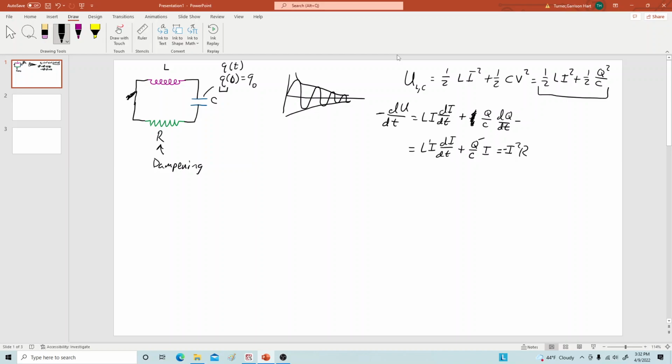And I have the instantaneous value of my current everywhere, so I can get rid of one of those. So the total change in energy per unit time I can write down like this. And I'm going to move to lowercase now, since that's what I have in my picture. Lowercase q.